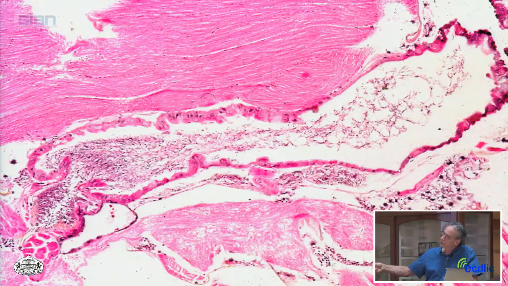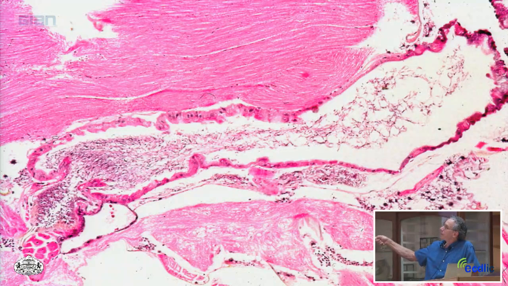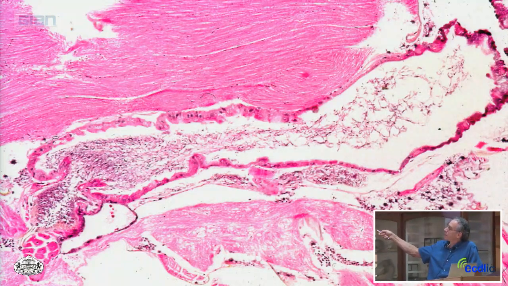Here's the valve, which has been compromised. It seems open here, and its function is compromised by this massive colonization of parasites in the anterior midgut, although there's still huge numbers of parasites even in this part of the midgut as well.